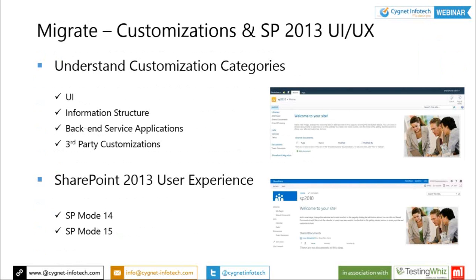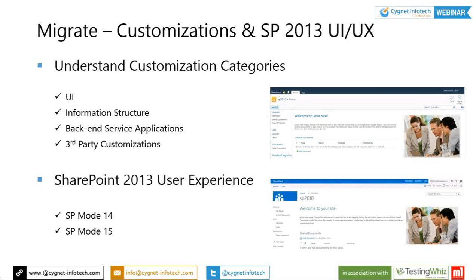Before you start migrating your UI particularly, you need to understand your customization categories with respect to your UI, information structure or information architecture which you have created, backend service applications, and third-party customizations as well. In terms of UI, I would say your visual web parts, your application pages, your master page, which is referred to as v4.master, and style.css.